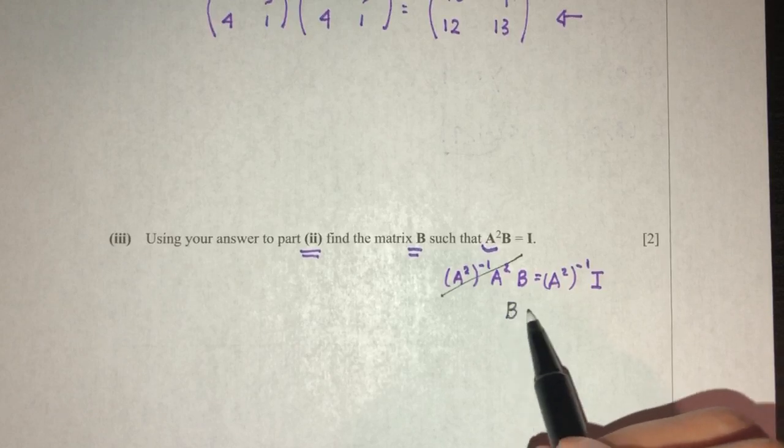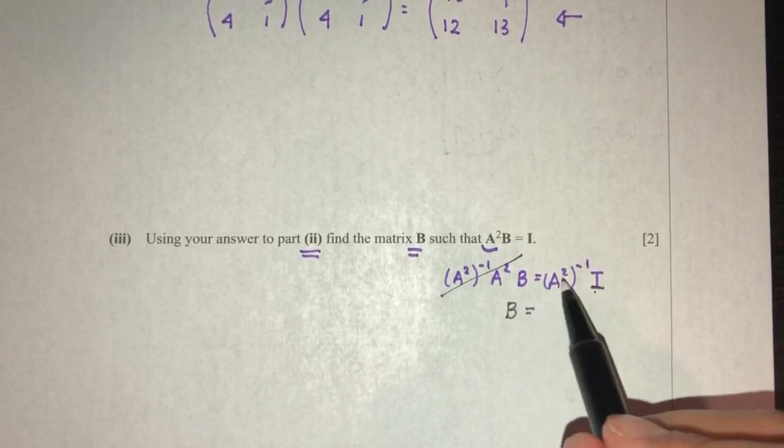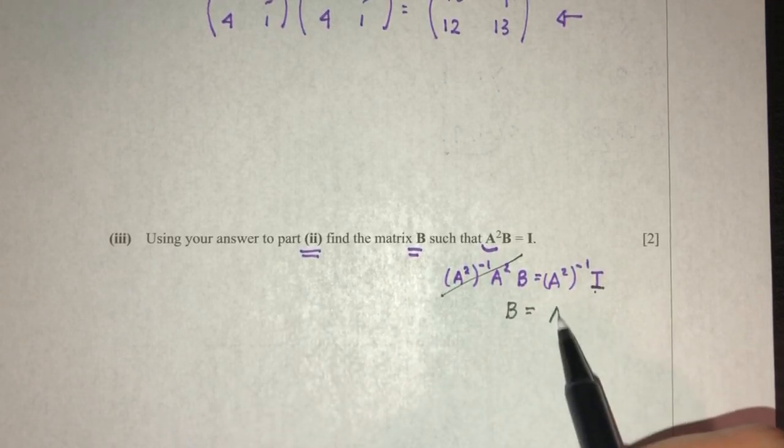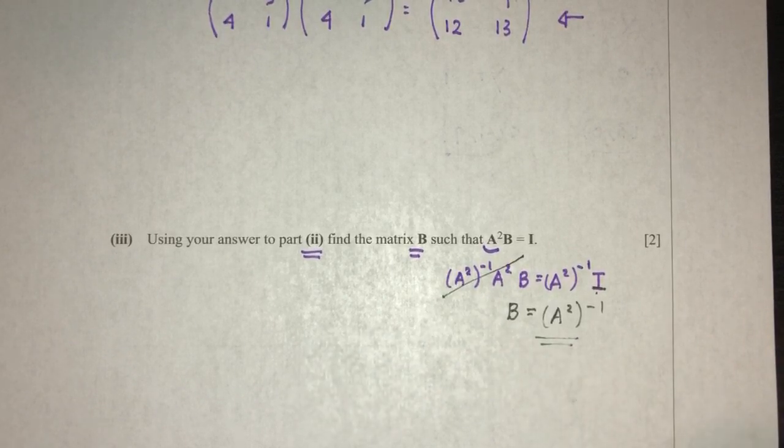So you have B is equal to, whenever you multiply a matrix by the I matrix, it will be the same matrix. So your answer will be A squared inverse. So B is basically the inverse of A squared.